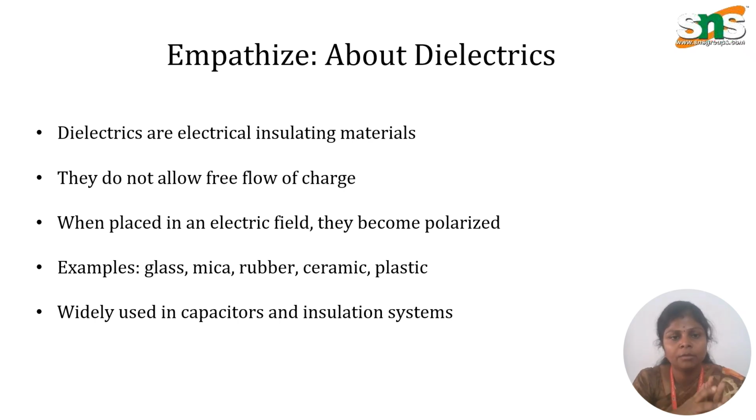When a dielectric material is placed in an electric field, it becomes polarized. For example, rubber, glass or mica materials get polarized. Dielectric material is mostly used in capacitance, inductance and insulation.